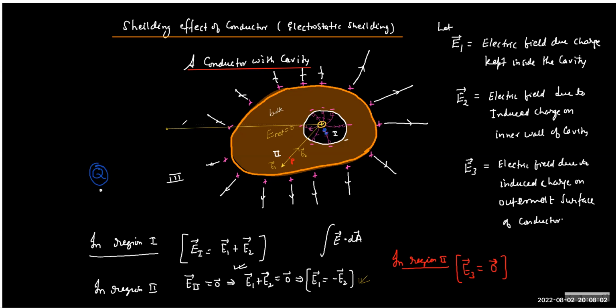So if E1 is there, at this point also E2 will be like this, no matter which point you choose. So E1, E2 always are an equal and opposite pair, so they cancel each other's effect everywhere outside the cavity wall.